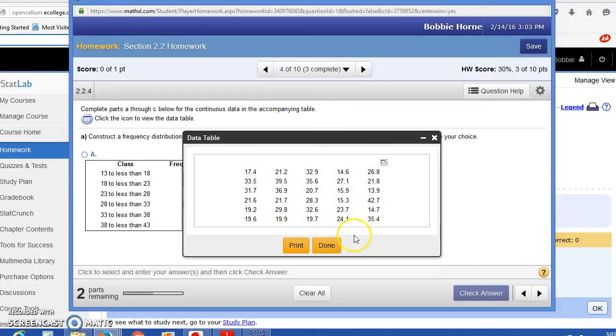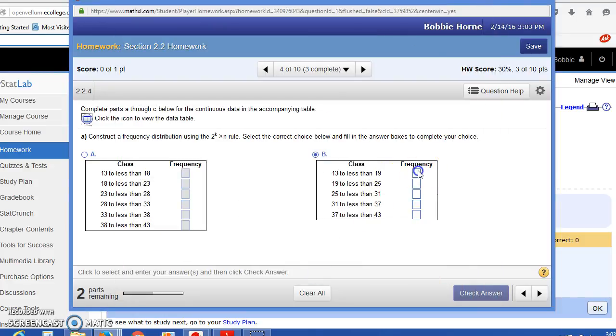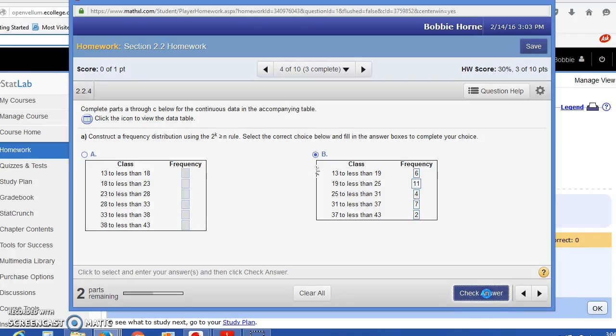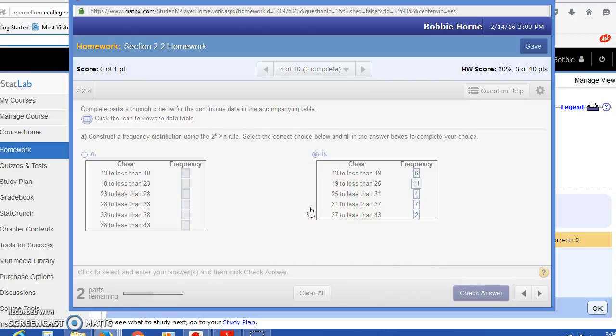So we can close this out and we can put in our numbers that we got from the histogram. And it saves you a lot of time. It's just learning to use StatCrunch. It's a very helpful tool to save you time on the homework. So let's check it and make sure that our histogram was correct, and it was.